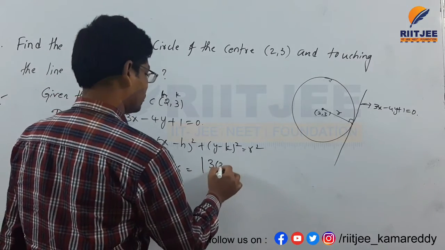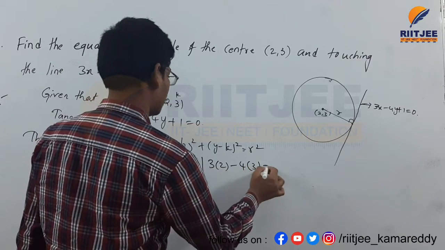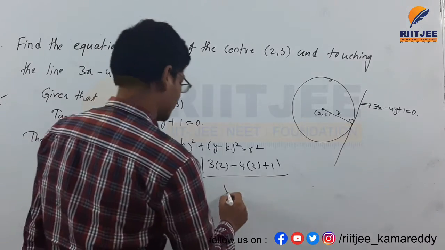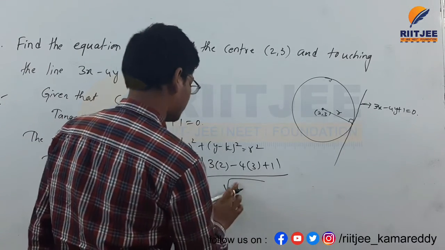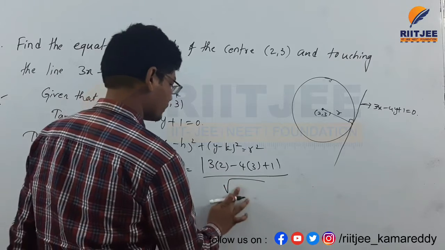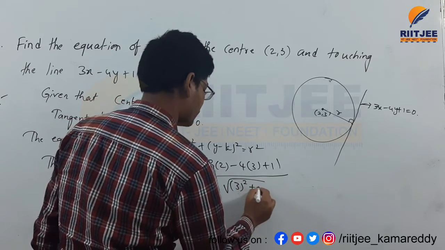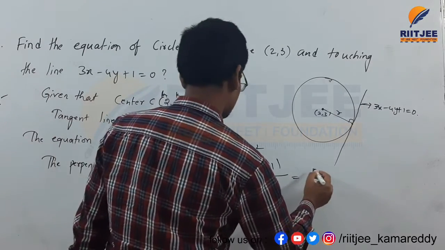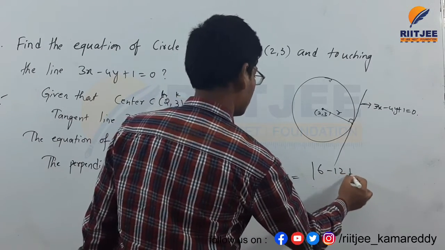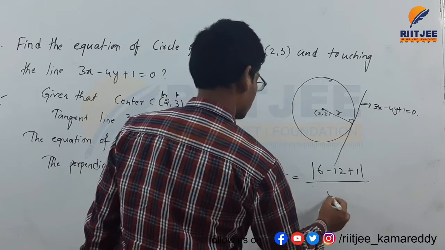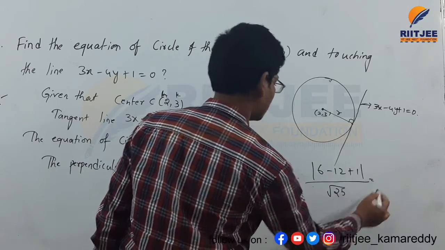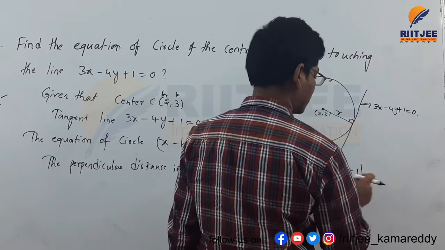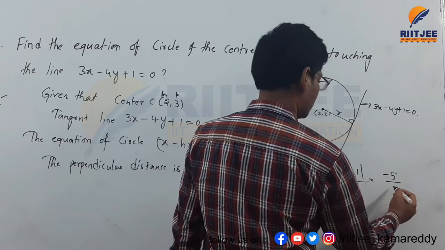The perpendicular distance is modulus of 3 into 2 minus 4 into 3 plus 1, divided by square root of 3 square plus 4 square. That is 6 minus 12 plus 1 divided by square root of 25, which is minus 5 by 5.